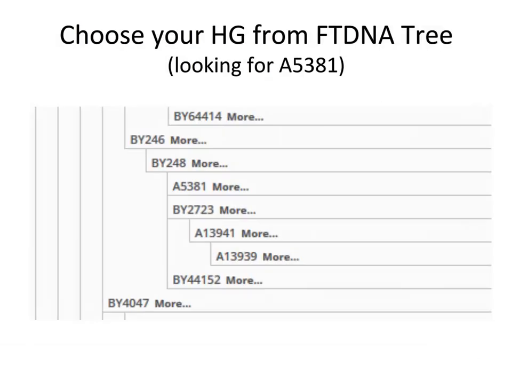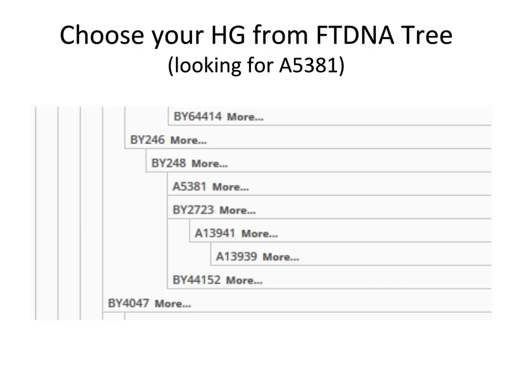So here is a typical family tree haplotree. We're going to look at A5381. Now, if you look at the chart, it looks like it's a standalone. That's kind of a yellow flag that maybe it's too young to be participating. And then you have two other choices, BY248 or BY246.